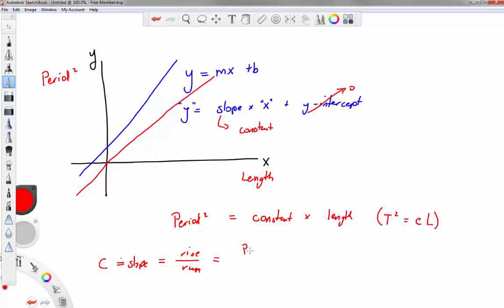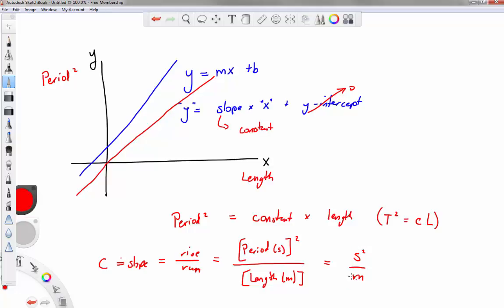So that's period, which is in seconds, and that is squared, divided by run. So that's a length, and length is in meters. So the units here have to be seconds squared per meter, which is actually the exact opposite of the units, or the reciprocal of the units that you'd get if you were looking for an acceleration.